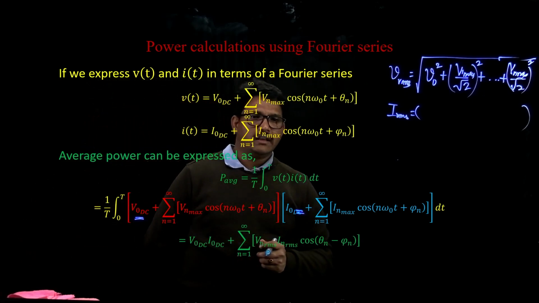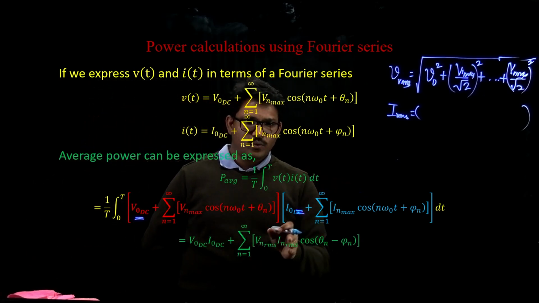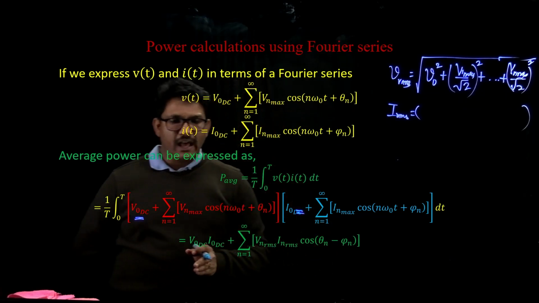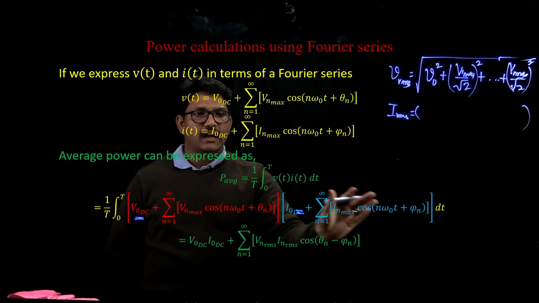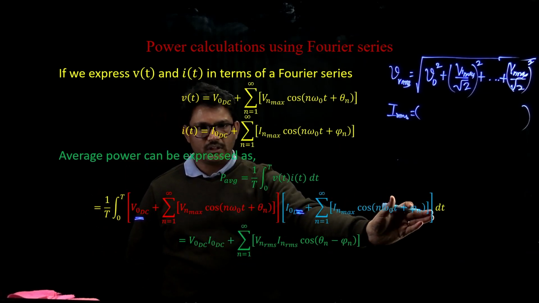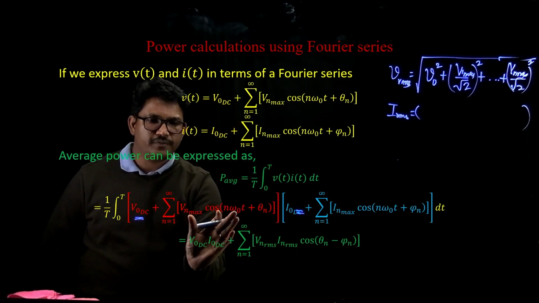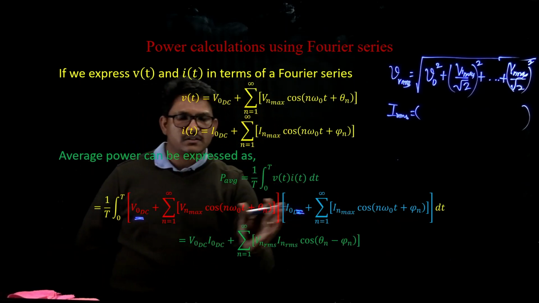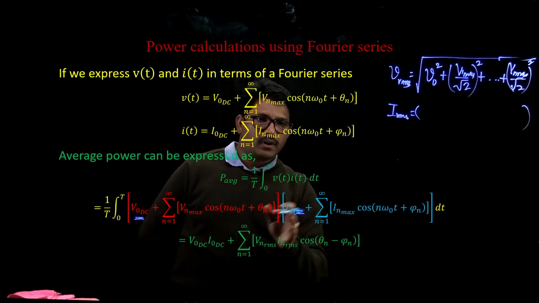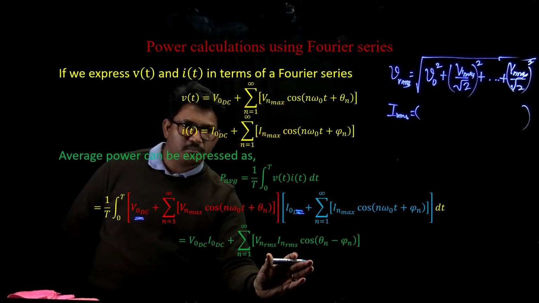Now, in this voltage and current product, we don't have the voltage of one frequency multiplied with the current of a different frequency. This is a sum of n terms, and this is a sum of n terms, but instead of getting the product of all the terms, we have only n terms here.